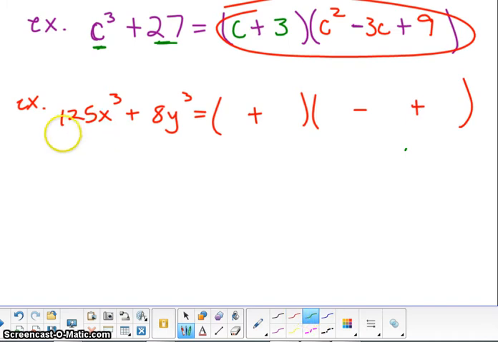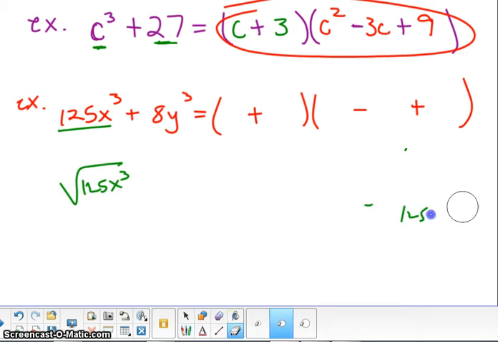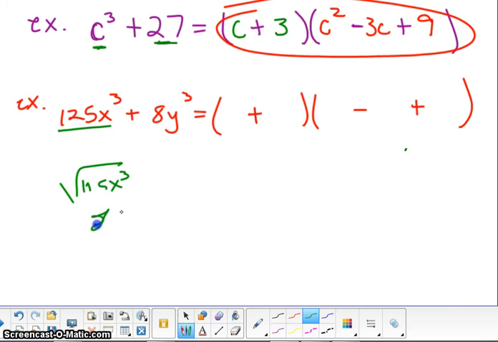Now for the perfect cube of 125x cubed, we've got to take all of that into consideration, and that's going to be 5x. So I'm going to put 5x in this first spot. It should be just 5x, by the way.